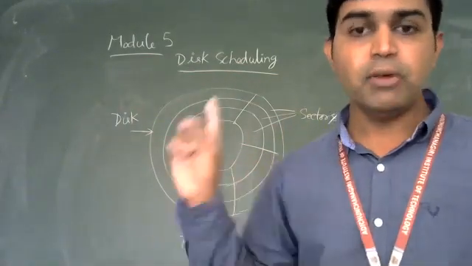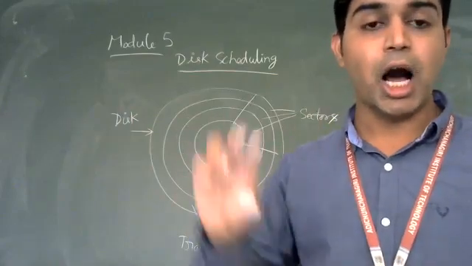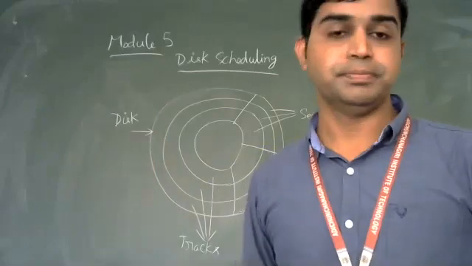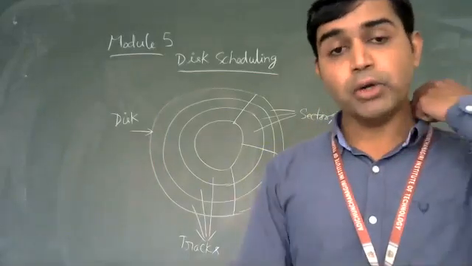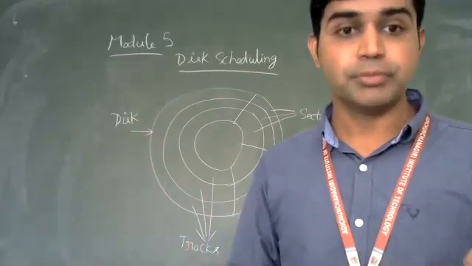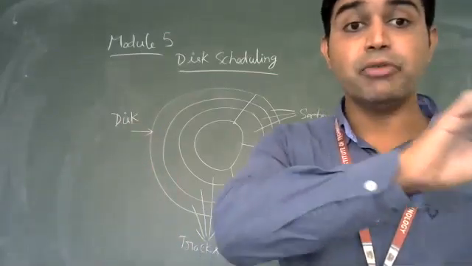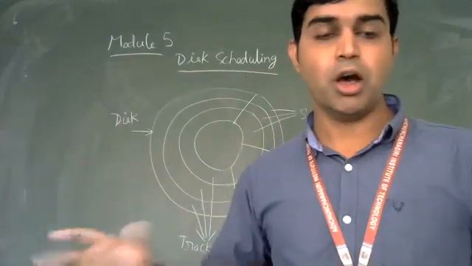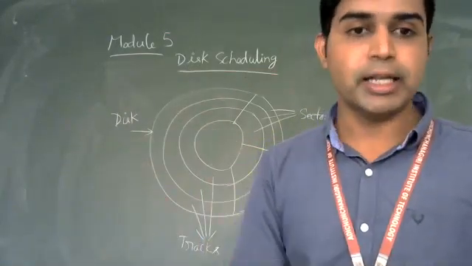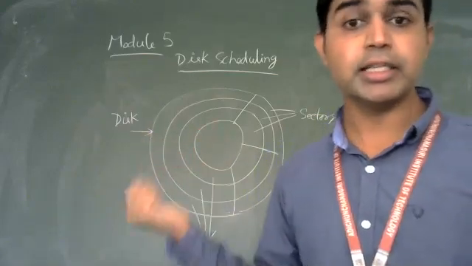But while solving the problem, we have to show that our read-write pointer moves through all these blocks. What we have to calculate is how much distance it has covered when servicing all the given blocks, how many cylinders it has traveled. That is the problem in disk scheduling.